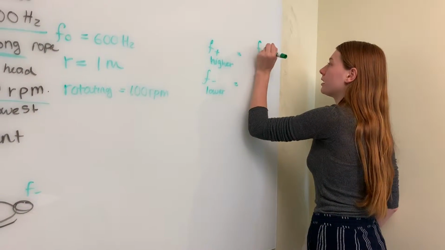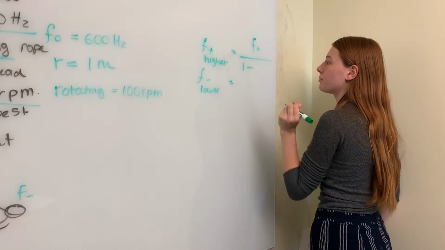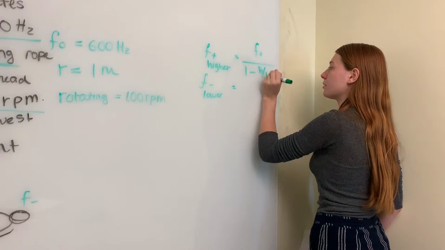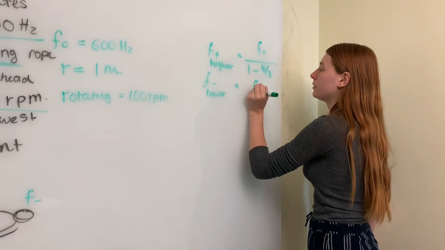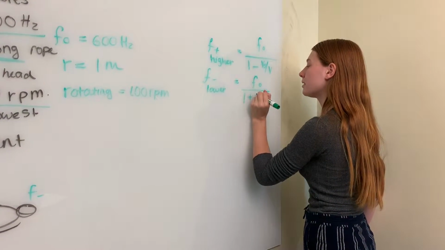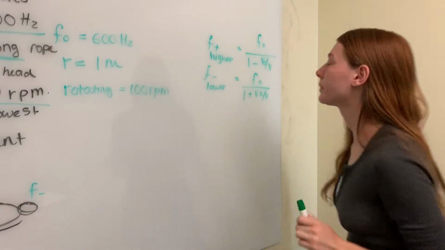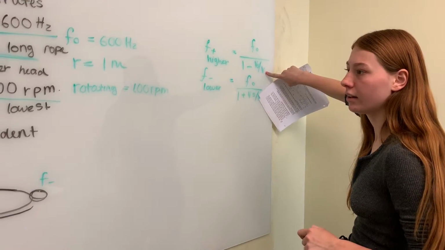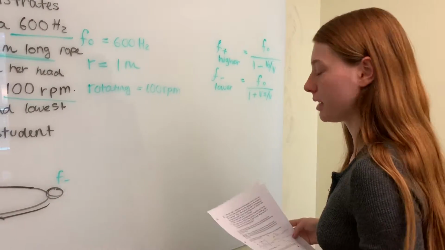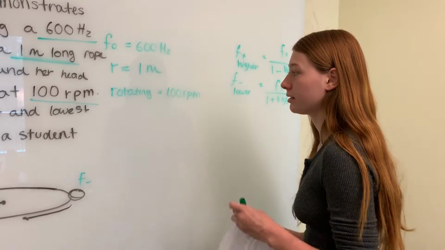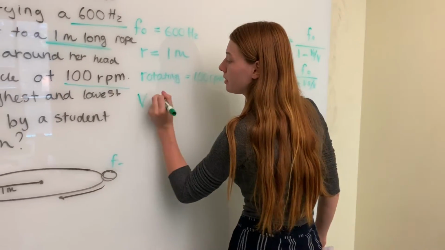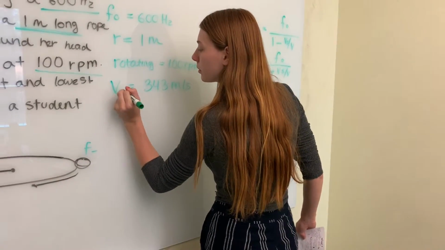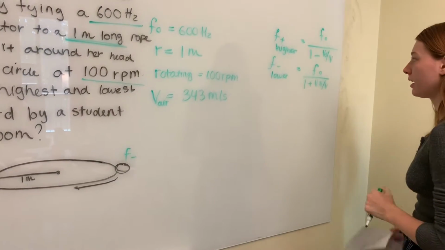F approaching is F naught over 1 minus V of source over V. And F receding is F naught over 1 plus V of source over V. This V is the speed of sound in air, and since it doesn't specify the temperature of the air, we're just going to assume that V equals 343 meters per second, which is the regular velocity of sound in air.